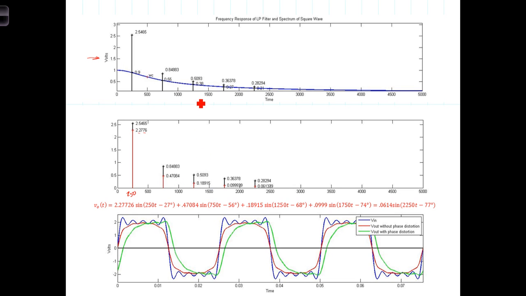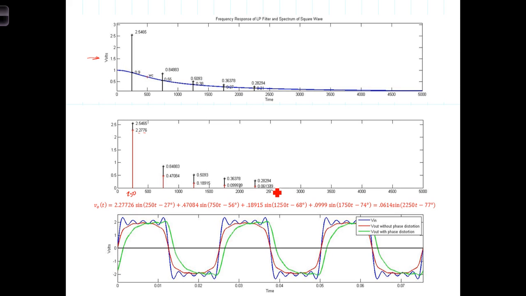Here, only 38% of the original signal makes it through. Here, 27% of the original signal makes it through. Here, only 21% of the original signal makes it through. In other words, the higher the frequency, the more those components are attenuated.